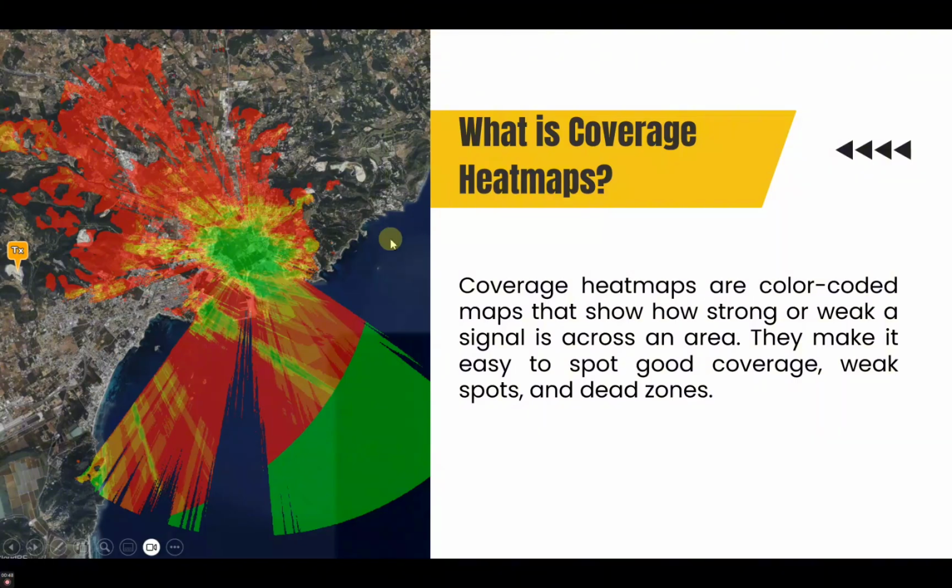So as you can see in the picture on the left side of our screen, each color represents signal strength. So users can quickly understand which areas have reliable connection and which do not. This helps in making better decisions on placement, adjustments, and improving overall signal performance.